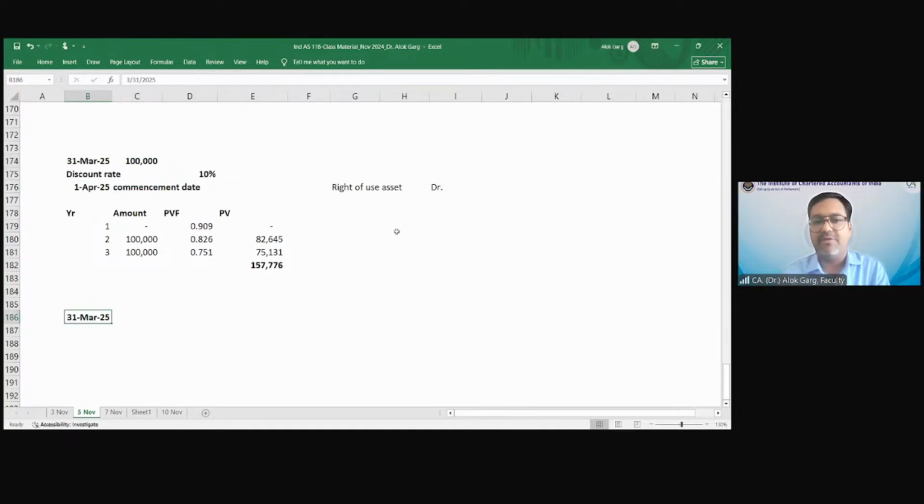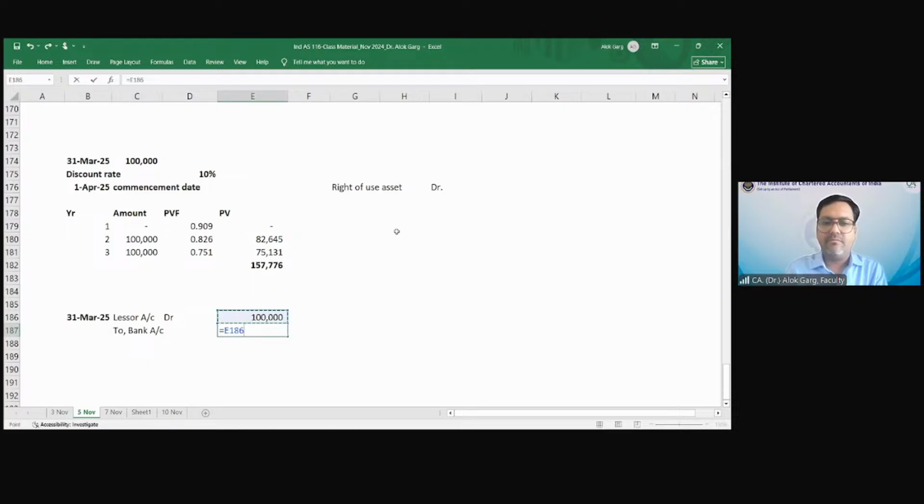Lessor account debit 1 lakh to bank account 1 lakh. You can debit lessor account or you can also debit advance rent, right? So both are okay. How much? 1 lakh.